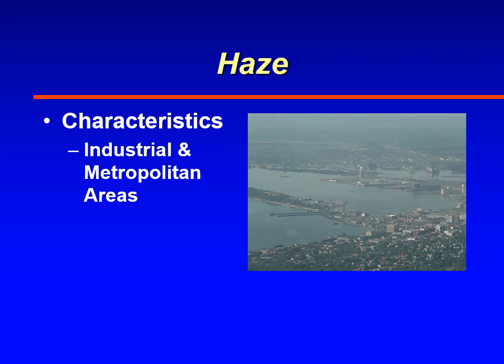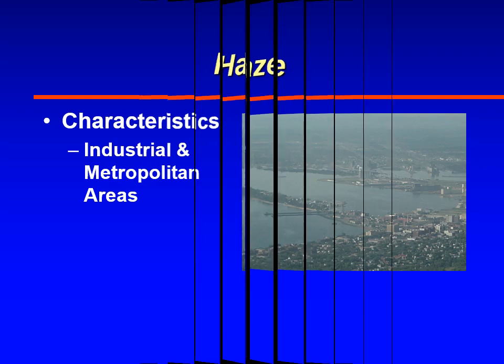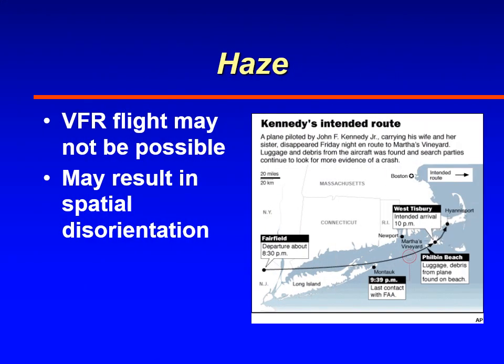Typically, you'll find haze in industrial areas because that's a good source of aerosols. Haze may reduce visibility so much that VFR flight may not be possible. And if you do depart and try to maintain VFR into deteriorating MVFR or even IFR conditions, spatial disorientation may result.